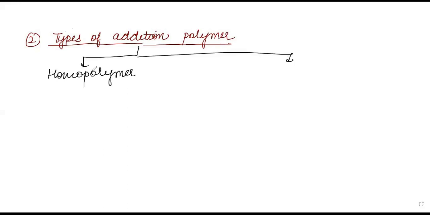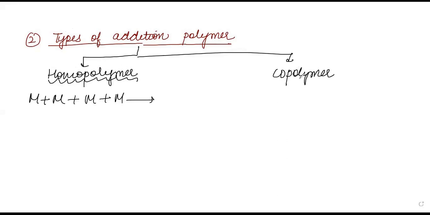The monomers join, but the same monomeric unit attaches many times. Homo means same. If we are talking about copolymer, it means we have different units. So we have different monomers joining here. It is known as copolymer.